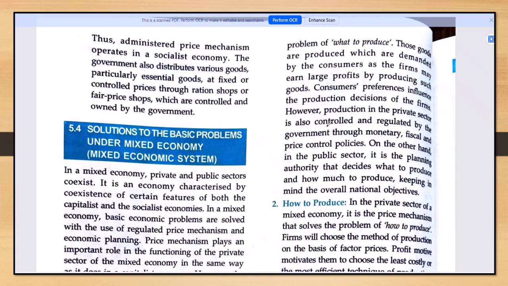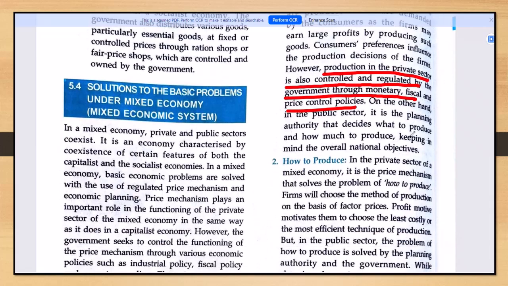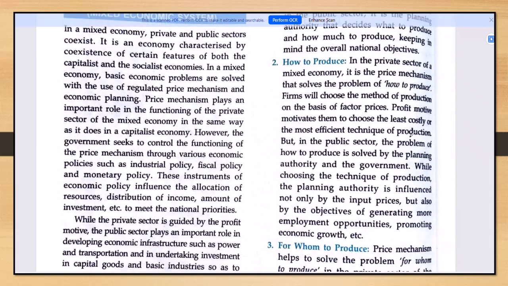The production in the private sector is also controlled and regulated by the government through monetary, fiscal, and price control policies. Therefore, what to produce is determined both from the consumer's benefit point of view as well as from the producer's benefit point of view. How to produce?